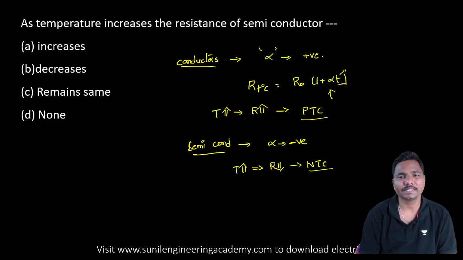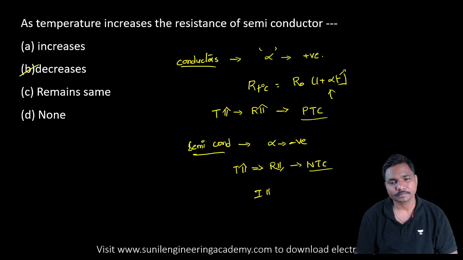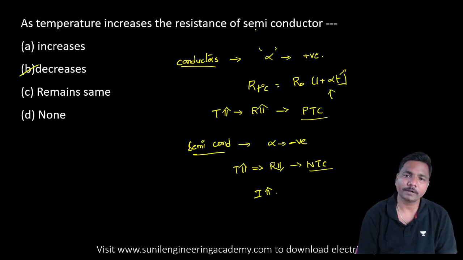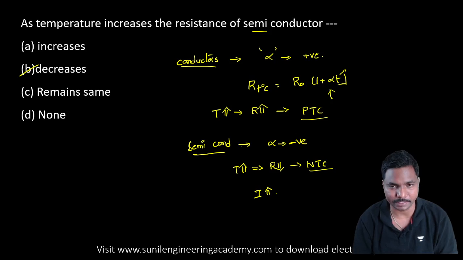As temperature increases, the resistance decreases. So the answer is option B. As resistance decreases, the current increases. This is for pure or intrinsic semiconductors only. For extrinsic semiconductors, that is different.